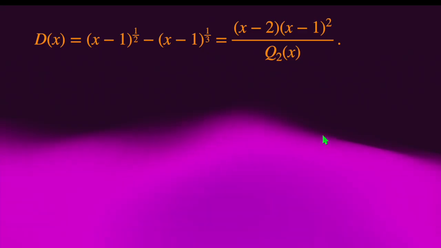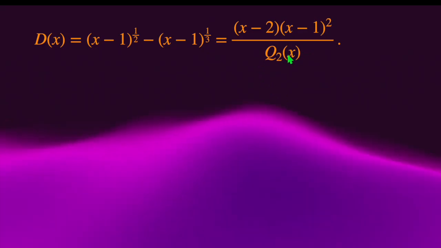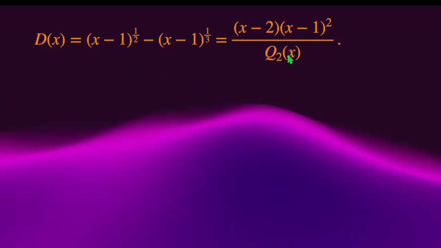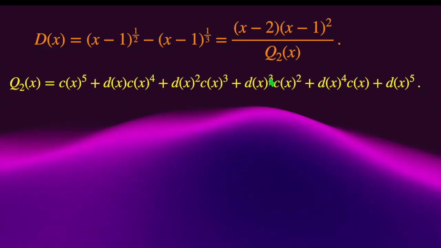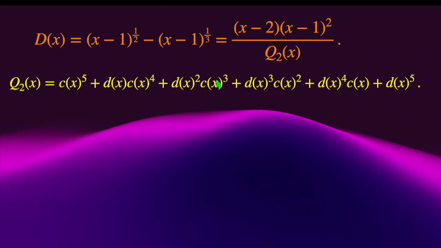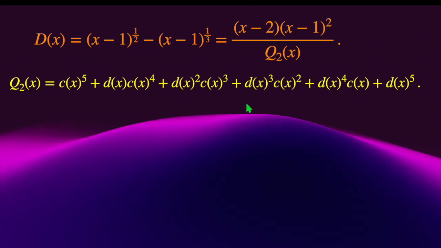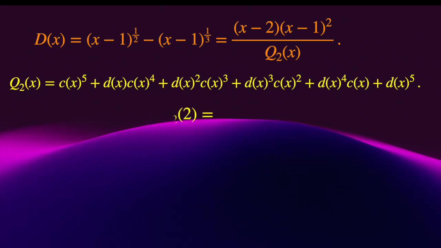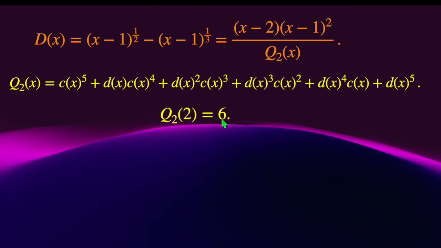Now we have that our denominator is equal to this quantity, where q2(x) is also a polynomial, and we can compute q2(2), and we get this quantity.